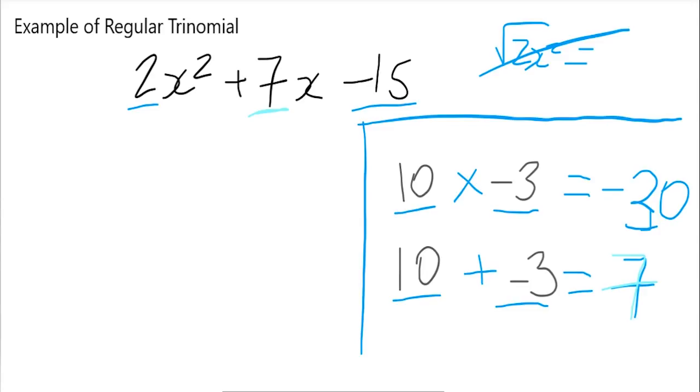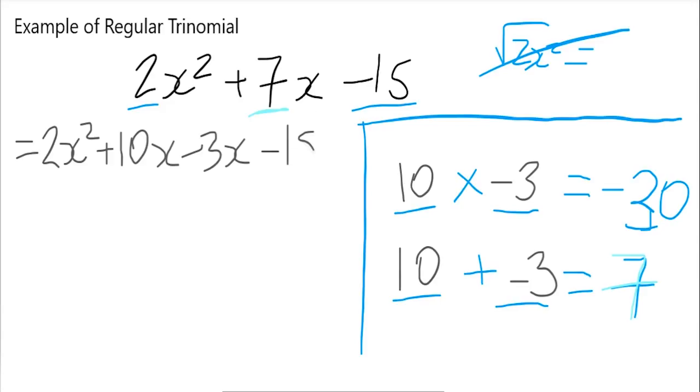Essentially, we're going to be splitting up that 7x into those two things. So we're going to have 2x squared plus 10x minus 3x minus 15.